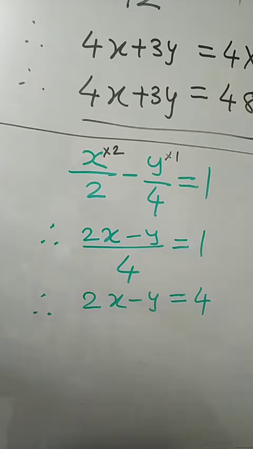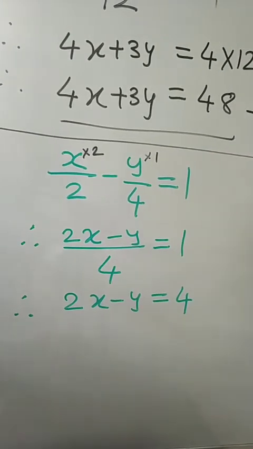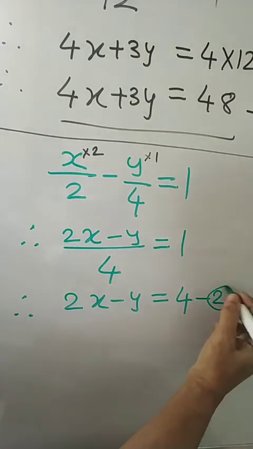Oh my God, fractions, and many students do not attempt. See, finding the LCM is not something which is difficult. You go back to your old textbooks, you'll find you have done this, and you get now a second equation. So this becomes equation number 2.